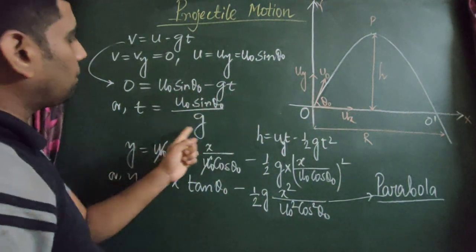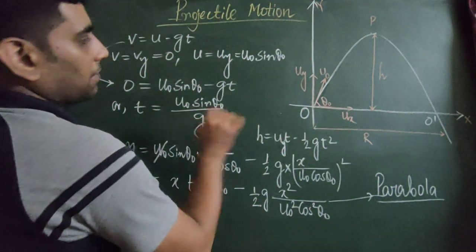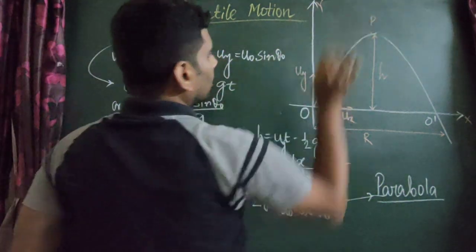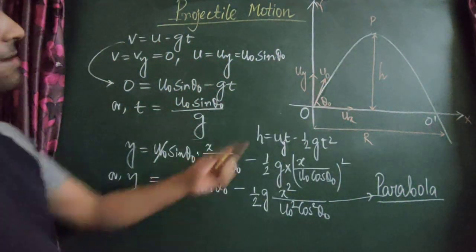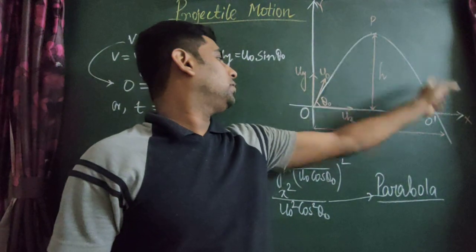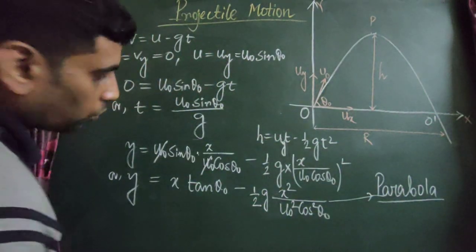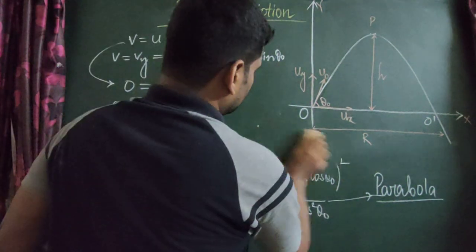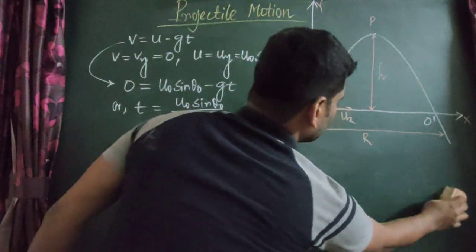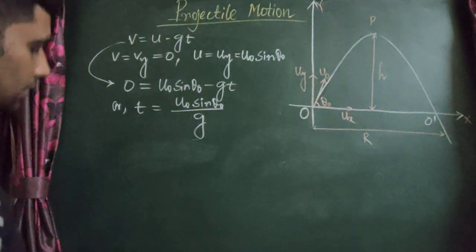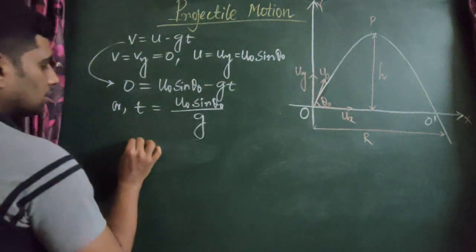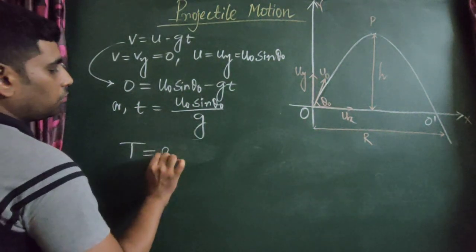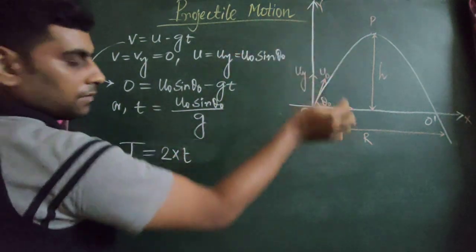So from this we get the time taken by the object to go from O to P. As I said, the same time is taken to come down from P to O prime. So the total time of flight, suppose that is capital T, will be 2 times that.